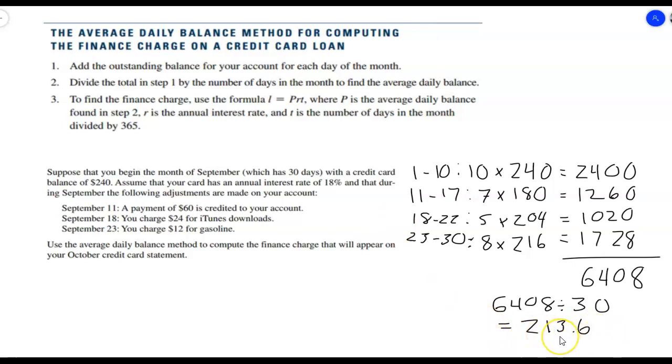And now using that average daily balance, we're going to go ahead and compute the interest here. So I is equal to PRT, remember the P there is going to be the average daily balance.